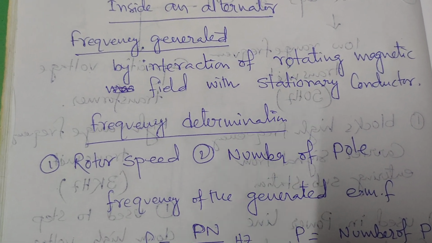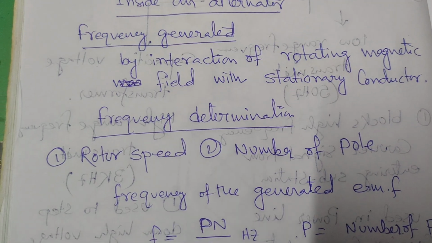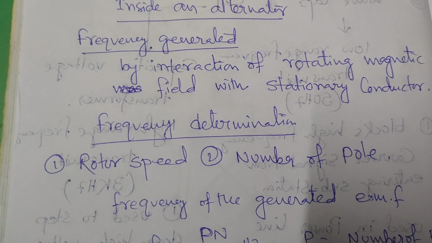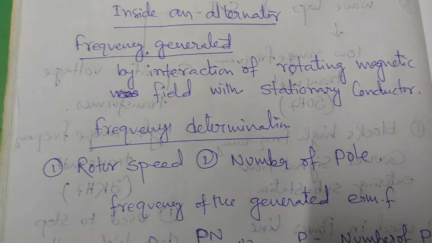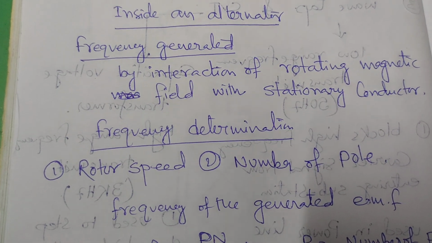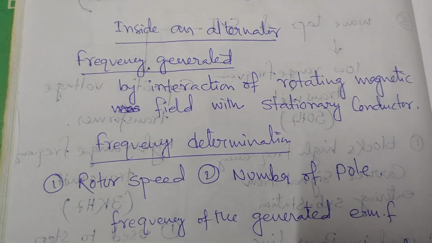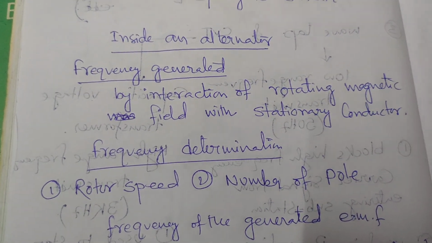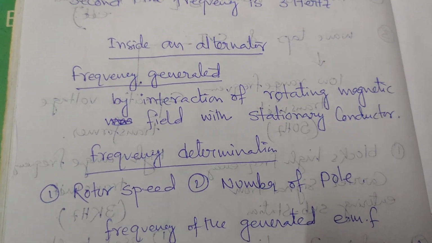The pole is generated when we are rotating the rotor with the help of the prime mover. When we rotate the field in between a coil, a magnetic field is generated.